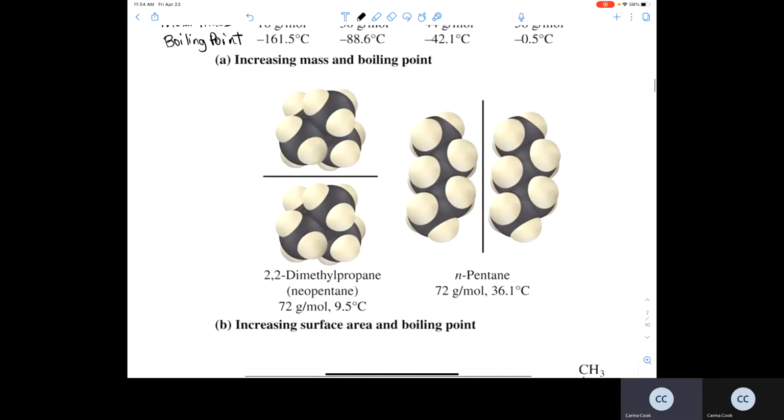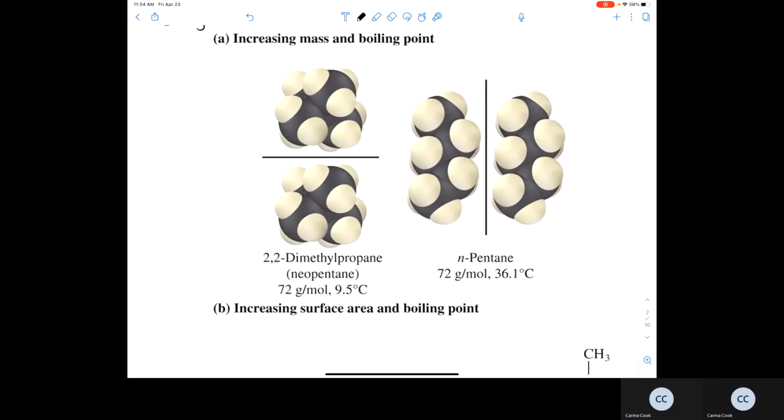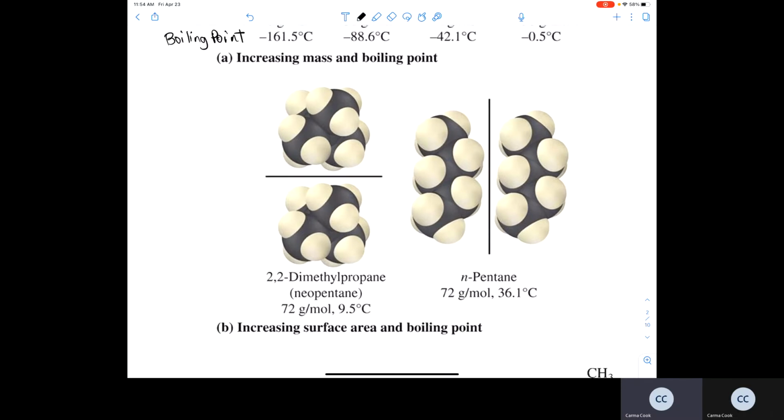And so now if we look at the other part of this figure, we see 2 isomers of pentane. The first isomer is the linear version shown here on the right, and it's called N-pentane.